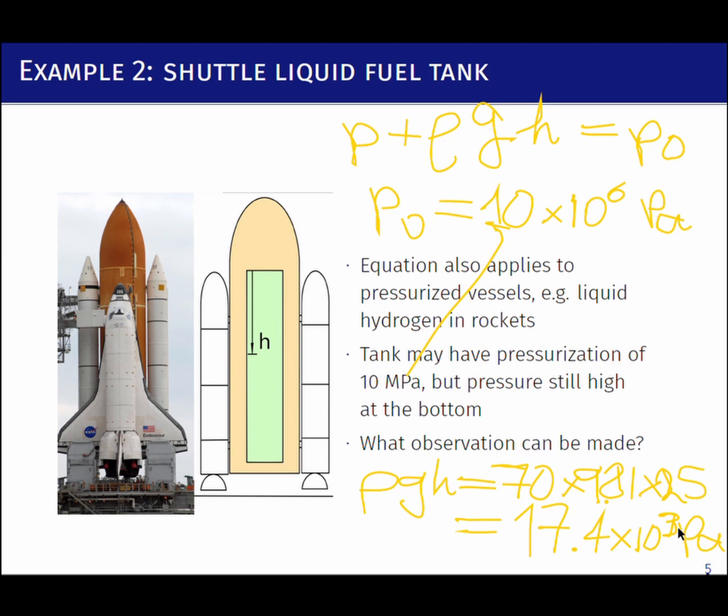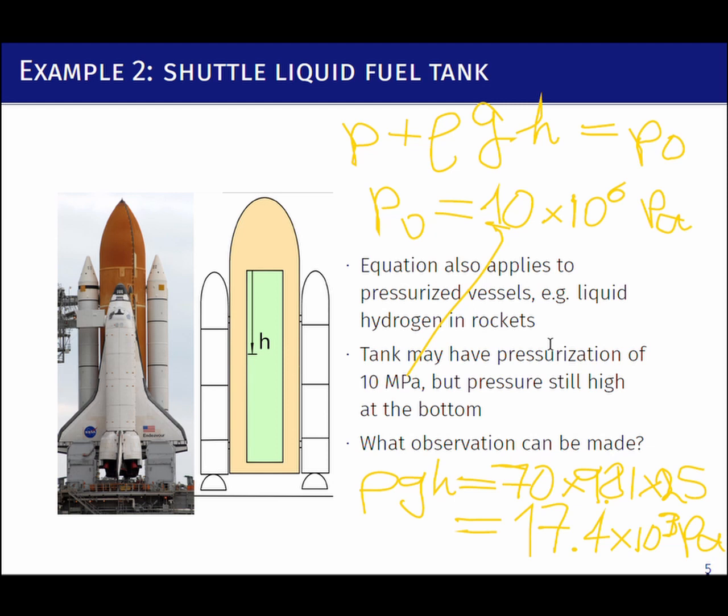But we also want to establish what this actually means for the design. This is the question I pose at the end. What observation can be made about this? The observation is that 17.4 times 10 to the 3 is nearly 1,000 times smaller than the pressurization of the tank itself.